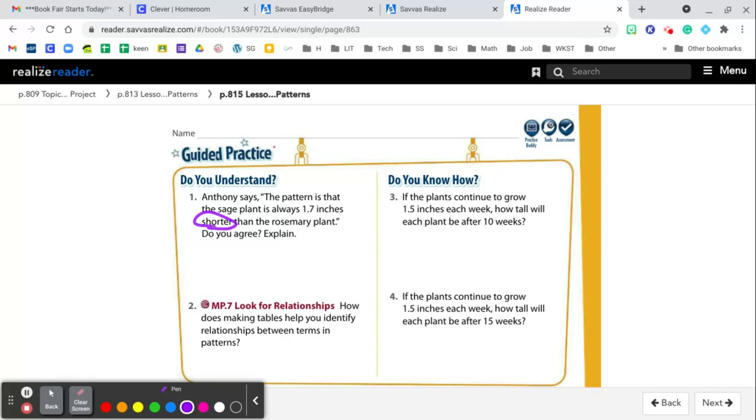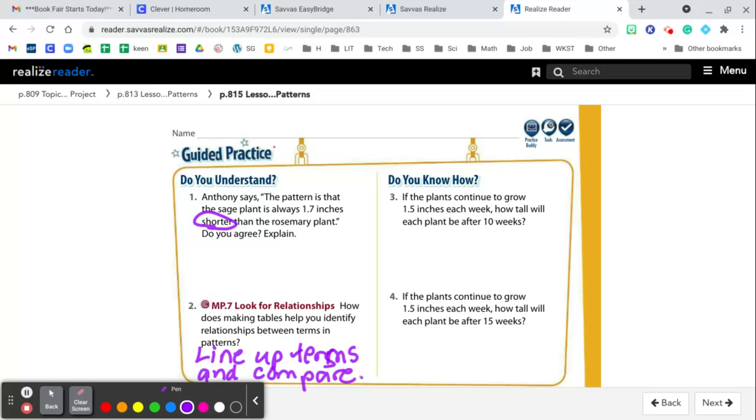Then you could say the sage plant is always 1.7 inches shorter. So you can say it either way. How does making tables help you identify relationships between terms and patterns? You can line up your terms and compare them easily. Terms, better spell that right.